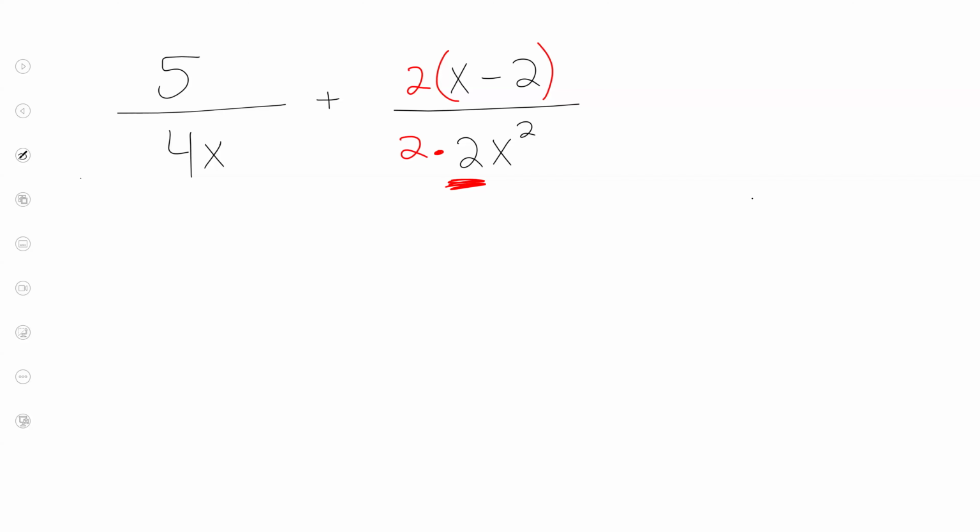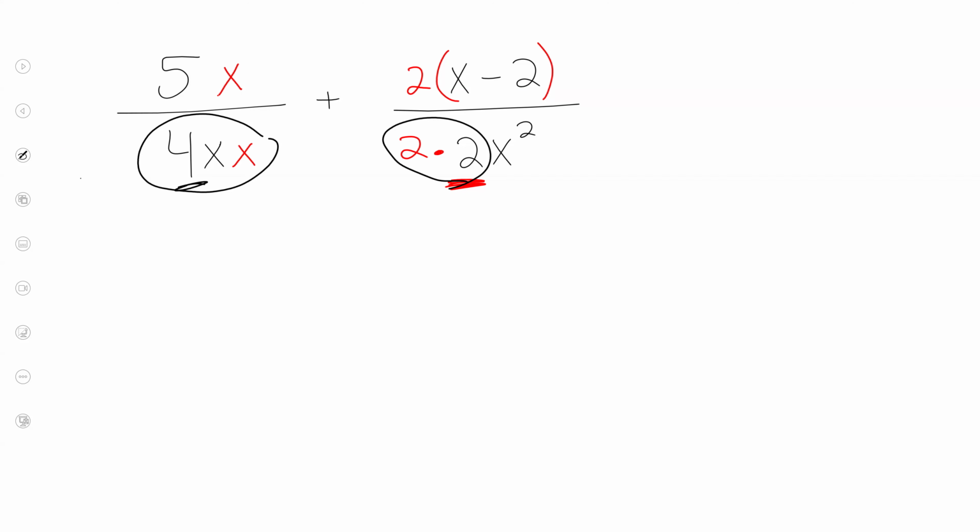Okay, so 2 times 2 will give me the 4 that I want. What is this one missing? An x. It's missing an x squared. So I'm gonna put another x here. And I need an x here. That's what each side is missing.